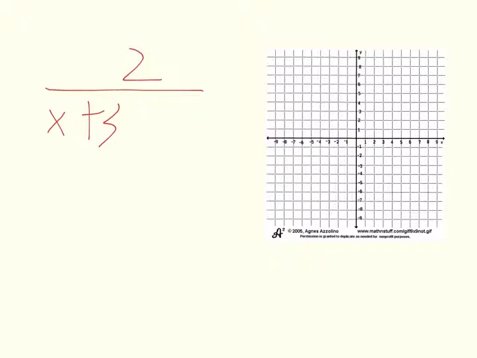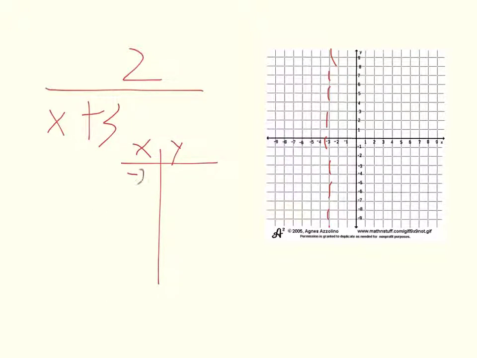So on this slide we have a much easier one. We don't have the plus 2 to bother us. So again, the vertical asymptote is negative 3. And then now we can just jump straight to our table.